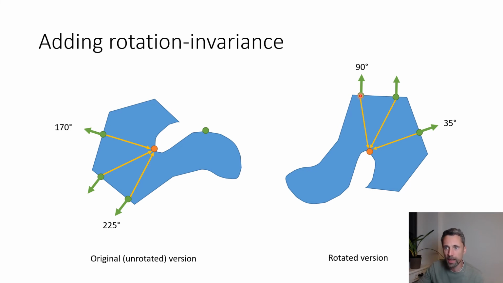They too have gradient directions, but they are rotated by the same angle as the original object. Those vectors pointing to the center, again, are also rotated by the same angle.